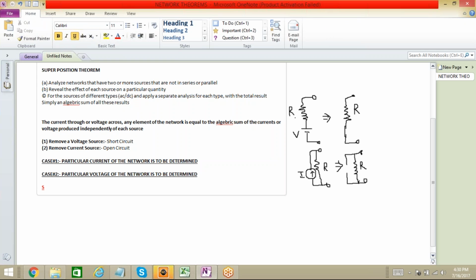Remember that the superposition theorem cannot be applied to power effects, because power is related to the square of the voltage across the resistor, or in other words, the current through the resistor.